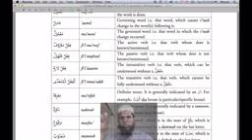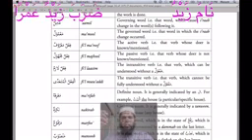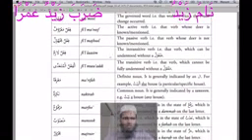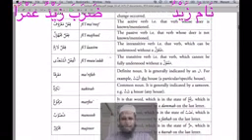Now it's complete. Thus you can think of transitive as transition, meaning it needs a transition to go from one place to another. The intransitive is something that you don't really need a transition, like nama zaidun, Zaid slept. It doesn't need any further clarification. And daraba zaidun needs a further clarification. We could say daraba zaidun amran, or any other name or any other person or anything like that. So that's the difference between fi'lul lazim and fi'lul muta'addi.